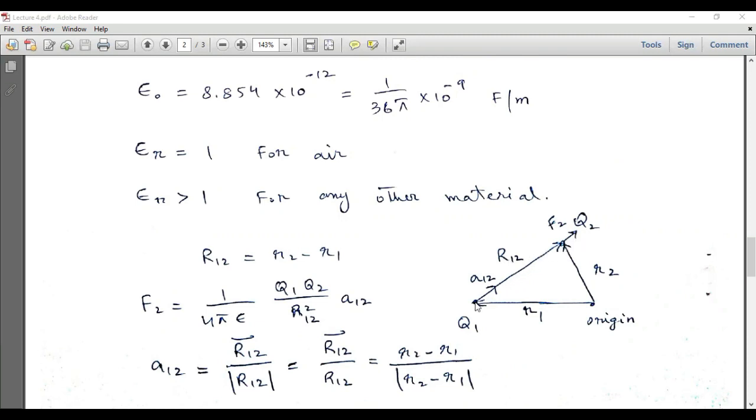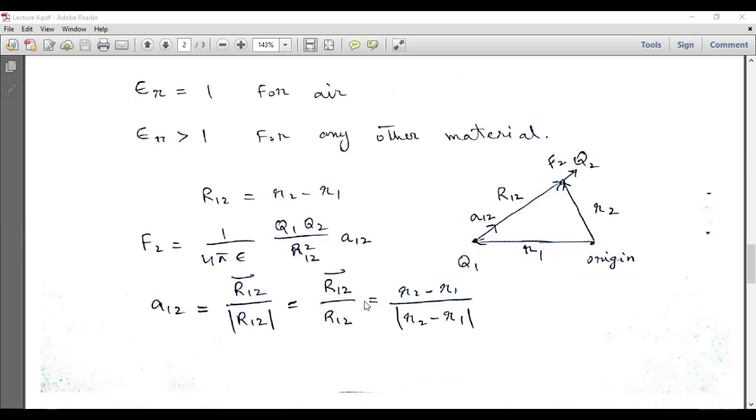Similarly, if we want to calculate the force on Q1, we will use the position vector R21, and that force will be directed from Q2 to Q1. So here R12 will be considered, and R12 is equal to R2 minus R1, and F2 is equal to 1 over 4 pi epsilon Q1 Q2 over R12 square into A12.